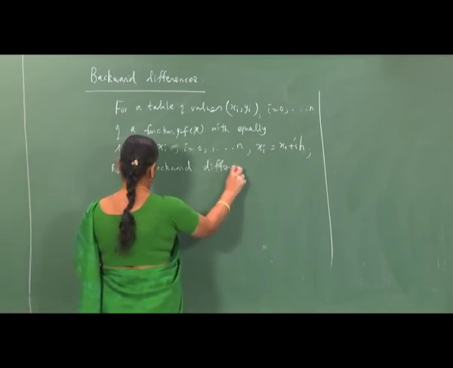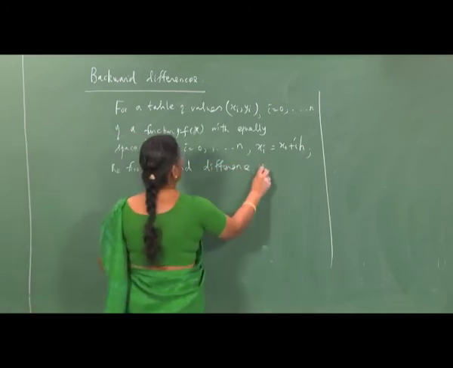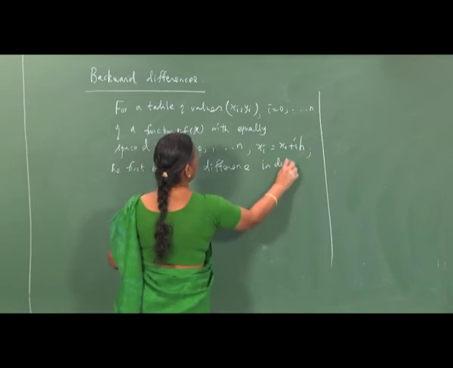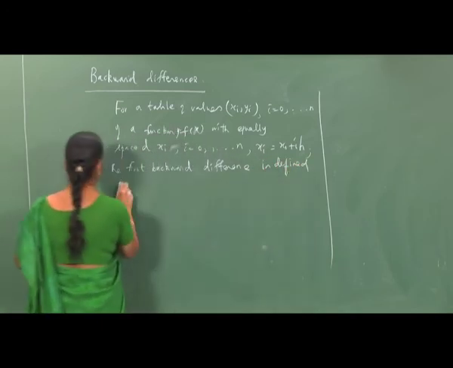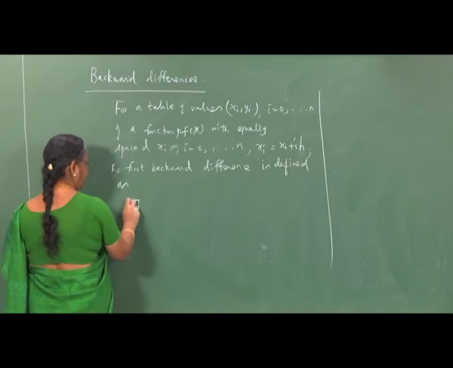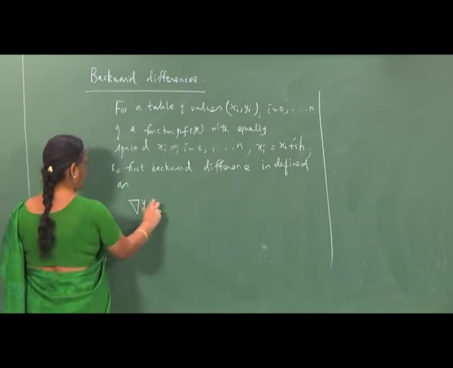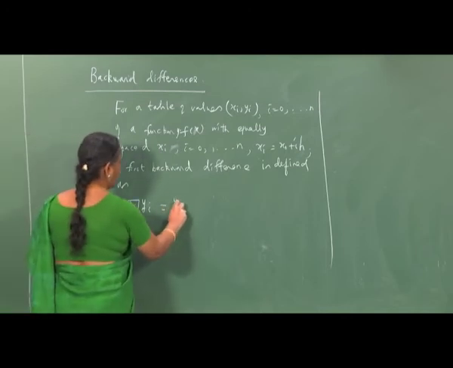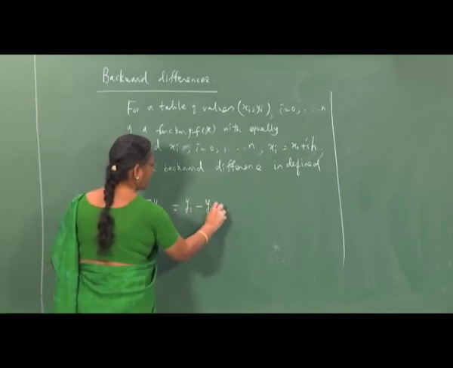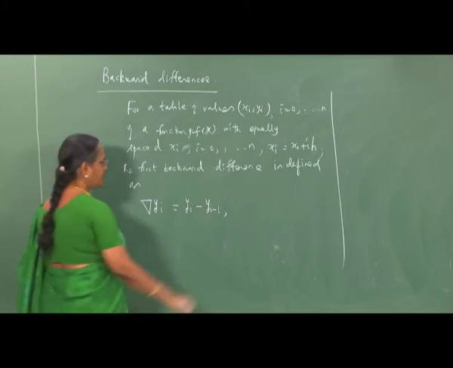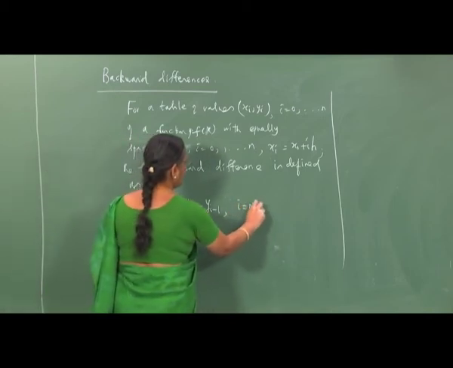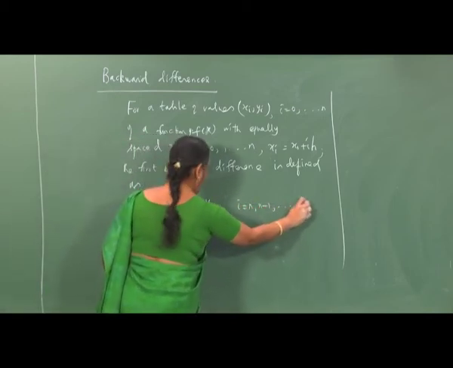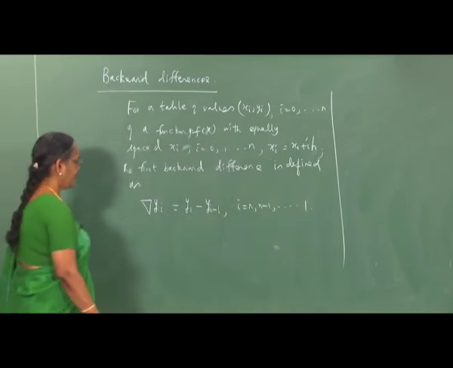The first backward difference is defined as, say, the backward difference operator operating on yi gives you yi minus yi minus 1, and i takes values n, n minus 1 etc. up to 1.